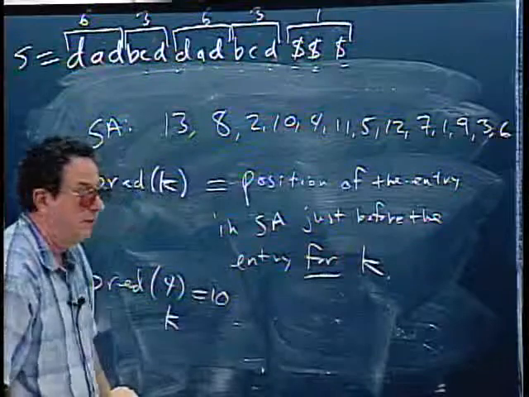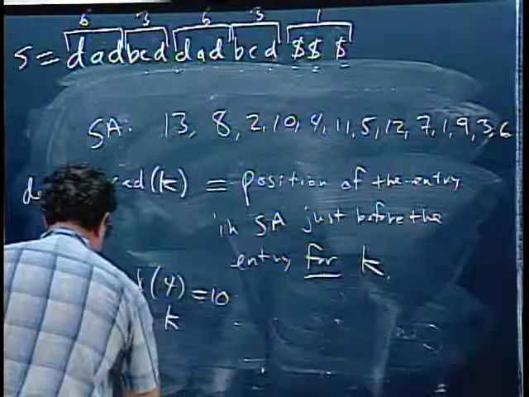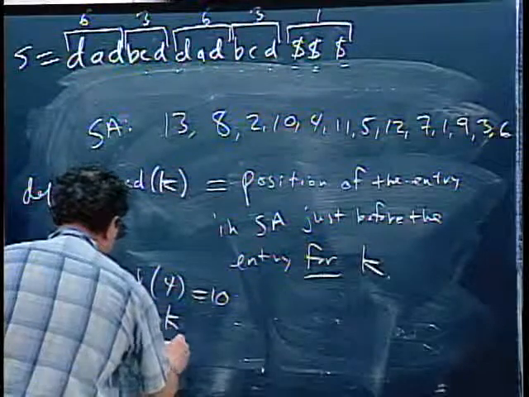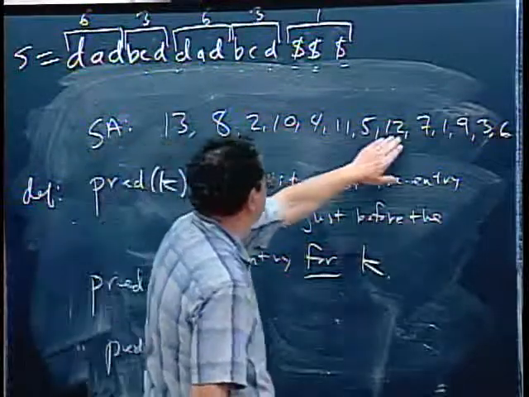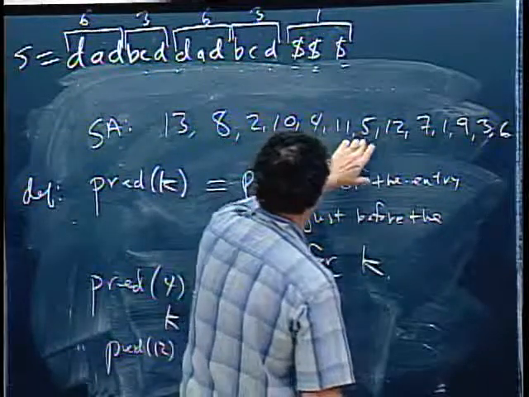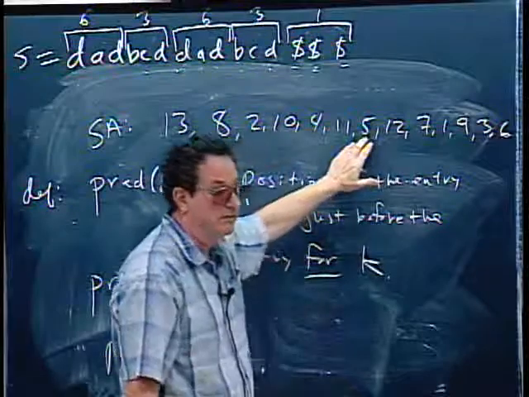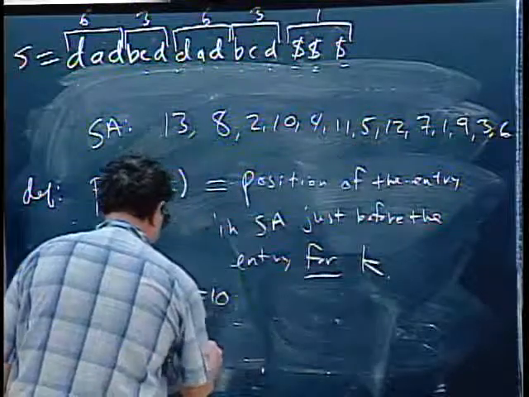Let me do another one. Let's say predecessor of 12. We find out where 12 is, and that's at position 1, 2, 3, 4, 5, 6, 7, 8. And just prior to that has a value or entry of 5.